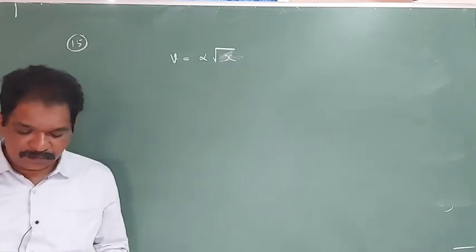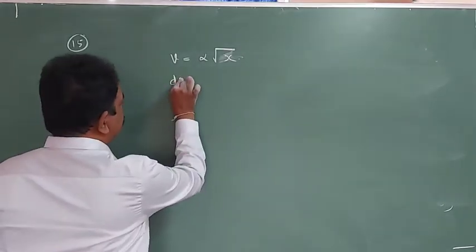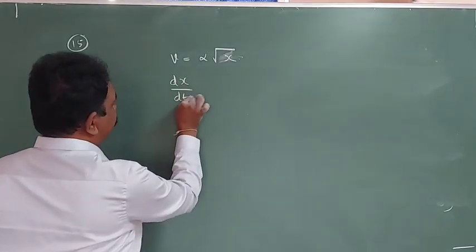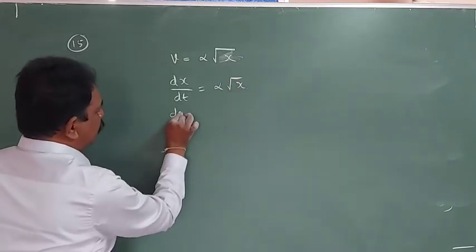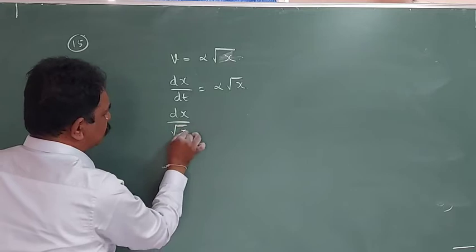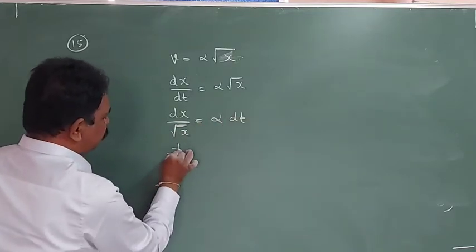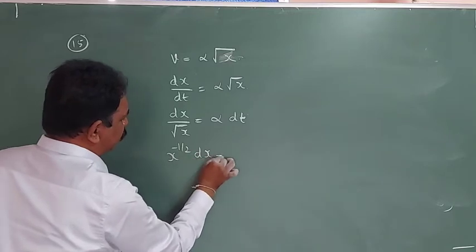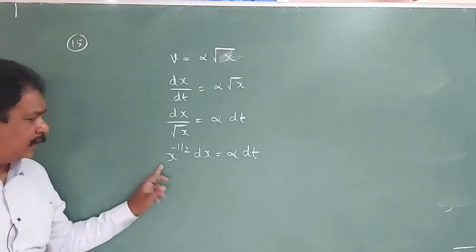So I am writing this v as dx by dt, alpha root x. Dx by root x equals alpha dt. x power minus 1 by 2 dx is equal to alpha dt.